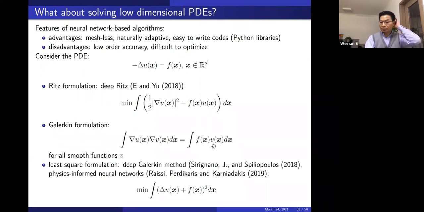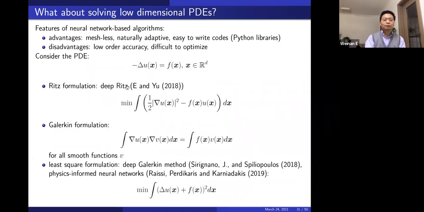So v is a test function, and u is a trial function. And the least square formulation, which is to just take the square and solve this minimization problem. Corresponding to these different formulations, there are different algorithms. In classical PDE, we prefer this to this, and we prefer this to this.